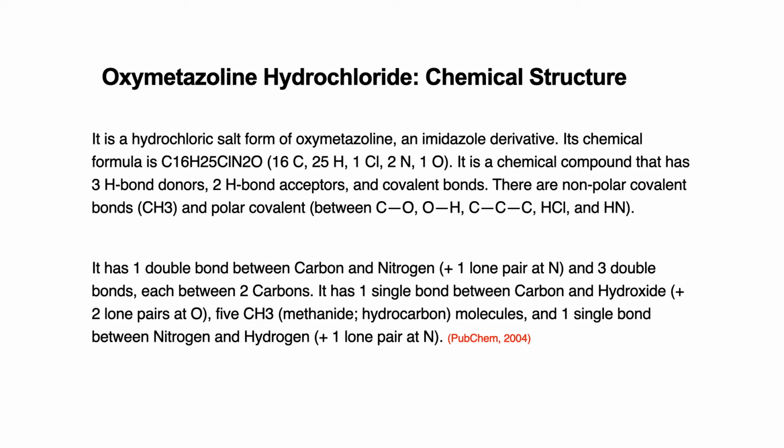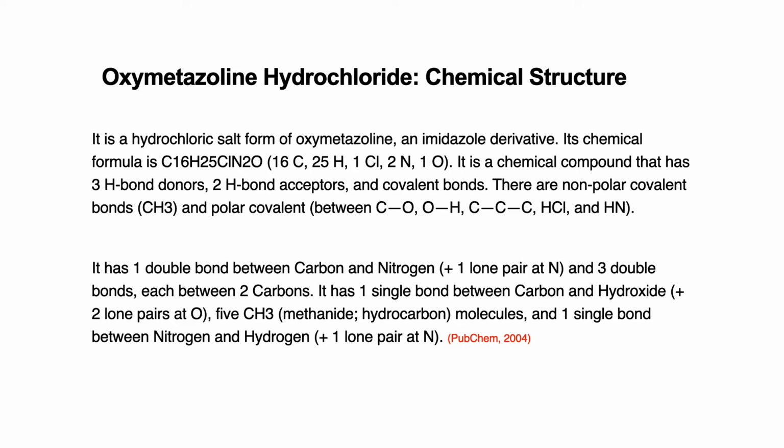The nonpolar covalent bonds are found in the CH3 or methyl hydrocarbon molecules, as well as polar covalent bonds between carbon and oxygen, oxygen and hydrogen, as in the hydroxide molecule, and hydrochloric acid HCl, for example.